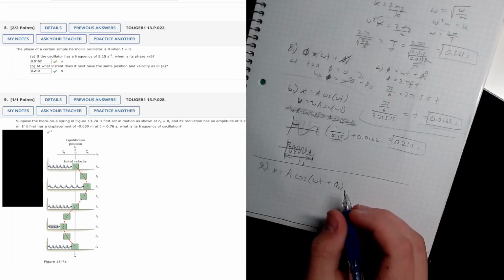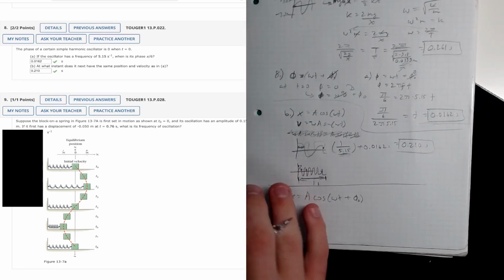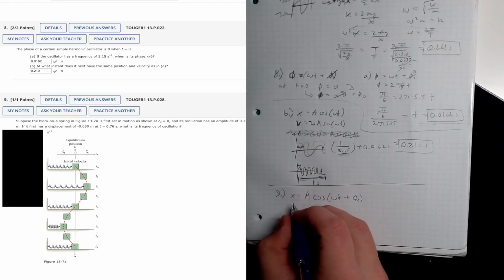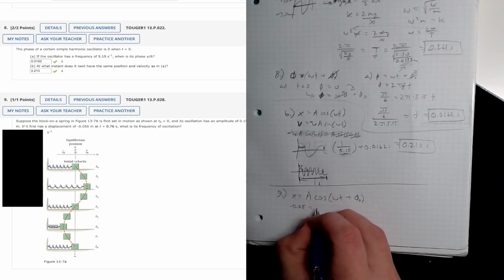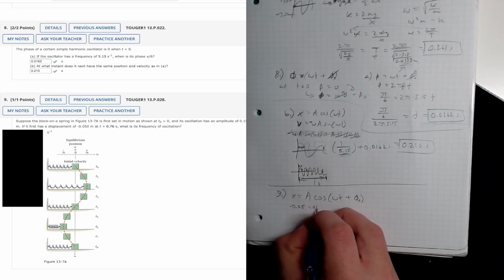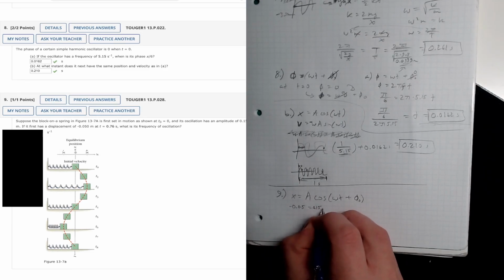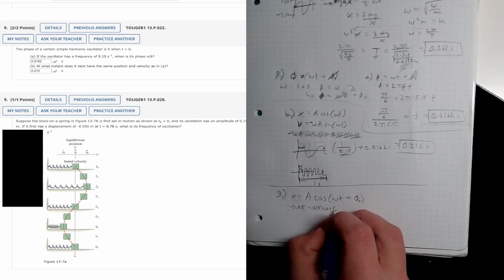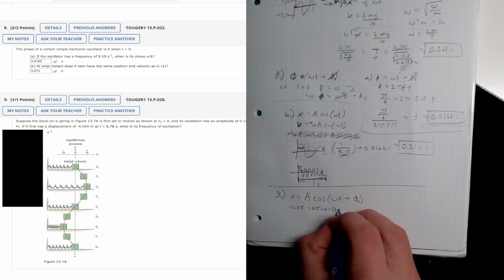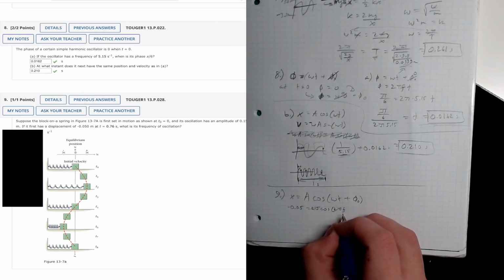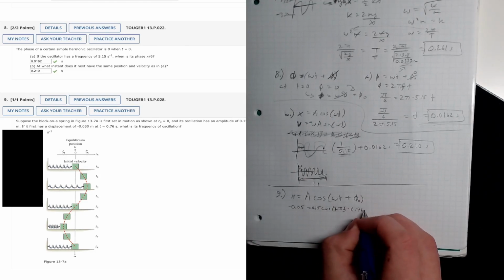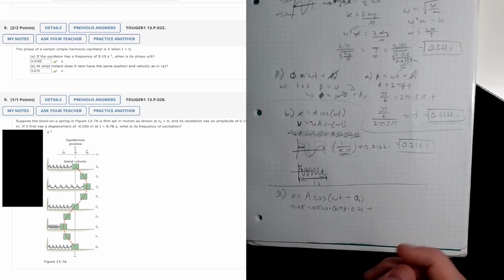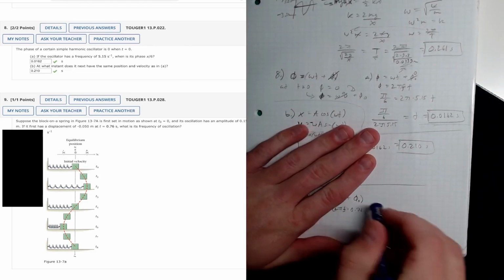So we have negative 0.05 meters equals 0.15 cosine of Wt. Wt is 2 pi f times t, and t is 0.76, because angular velocity plus or minus pi over 2.